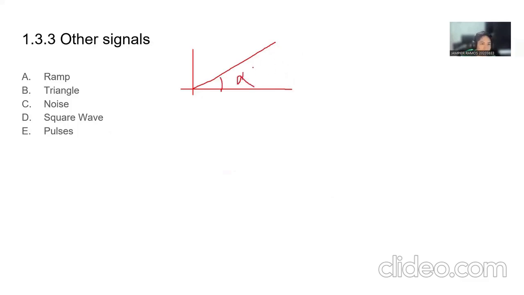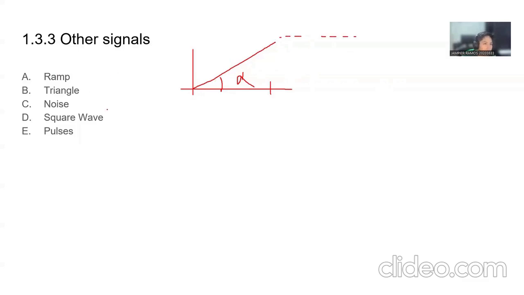And of course esto no se va hasta el infinito, porque ningún circuito nos entrega energía, ningún circuito o sistema lineal tiene energía infinita. Por tanto, esto va a tener eventualmente un fin, ¿cierto? Pero el punto es que hasta cierto tiempo va a ser lineal.